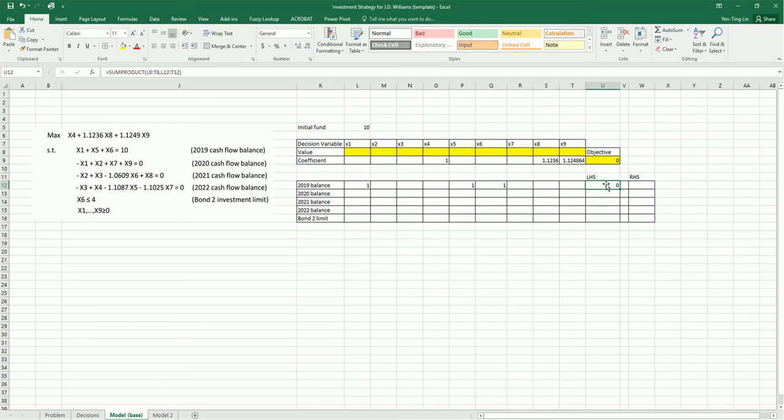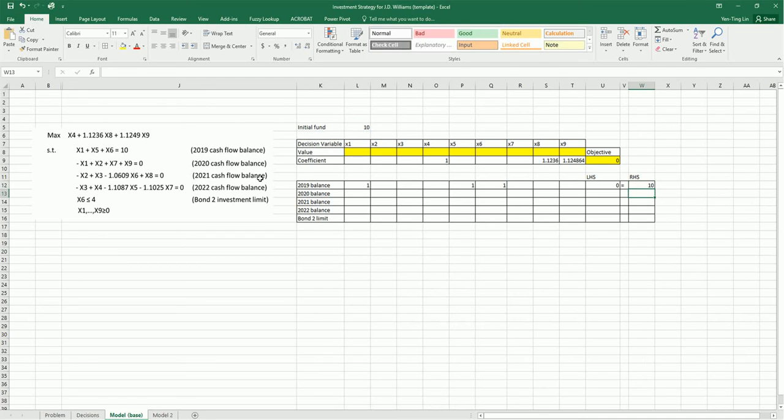Right now it's 0. And what we need is for this left-hand side value in the end to equal 10. So we key in 10 here. Or I actually create a cell over here to store the amount of initial funds, 10 million.